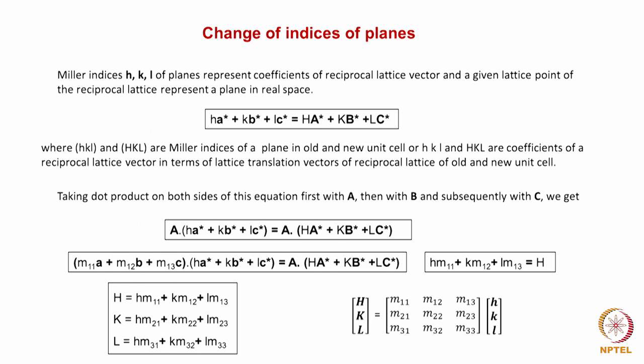That means something to do with a reciprocal lattice. Actually, Miller indices are nothing but essentially the coefficients of the vector which represents the plane in the reciprocal lattice. That's what Miller indices essentially are.